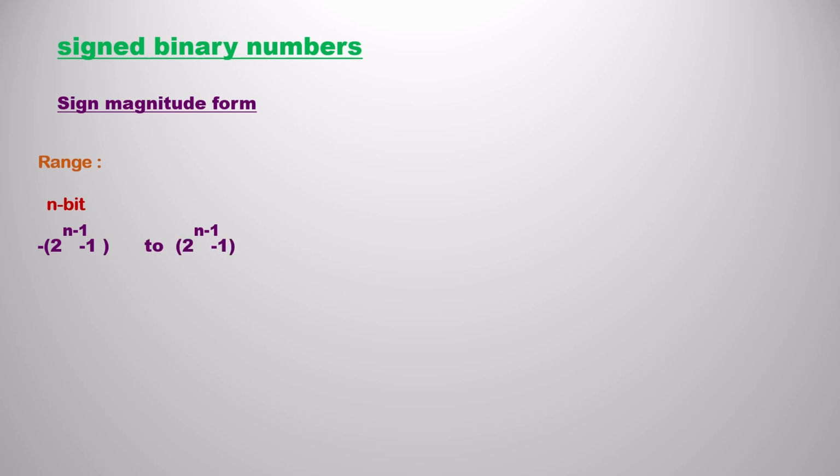If you consider the range of any n-bit number, it ranges from minus (2 to the power n minus 1) minus 1 to plus (2 to the power n minus 1) minus 1. This is the given range for any n bits. If you consider an example, you will be able to understand.